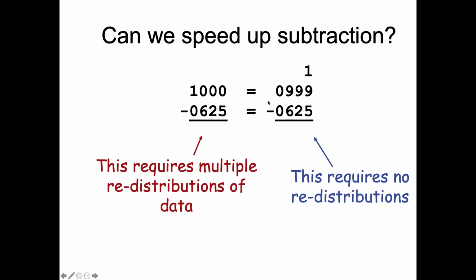Once we've done that, we can subtract all of these lower order digits without having to worry about doing the borrow as we're doing subtraction. So in this case, 9 plus 1 more is 10, minus the 5 gives us 5. 9 minus 2 gives us 7. And then the next 9 minus 6 gives us 3. So it's kind of like we planned ahead for the borrows that were going to happen.